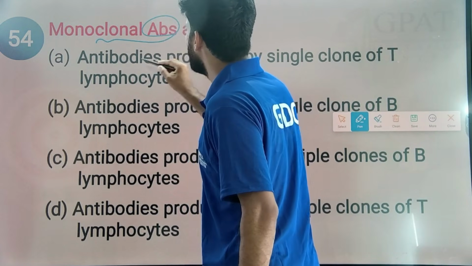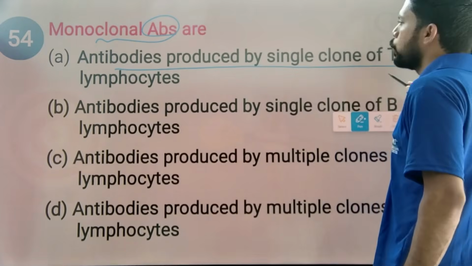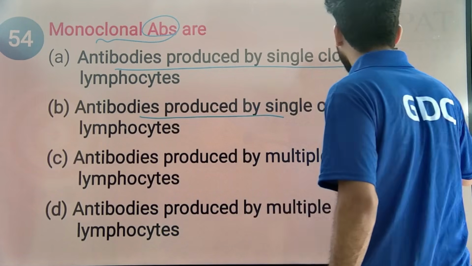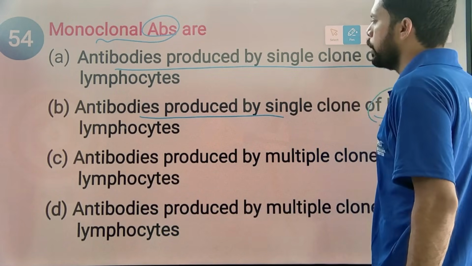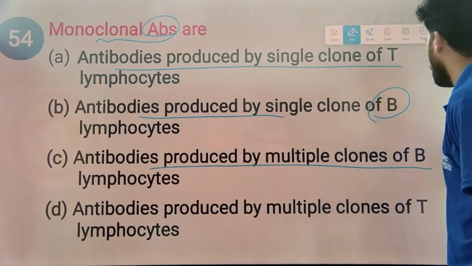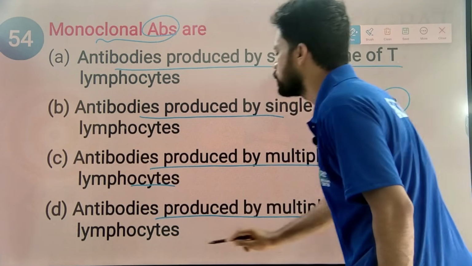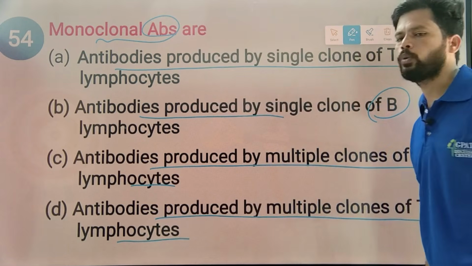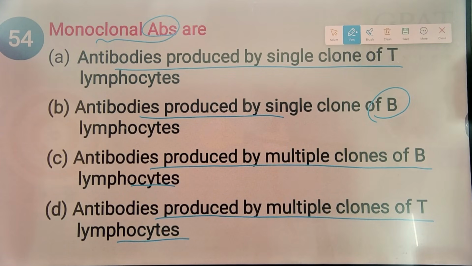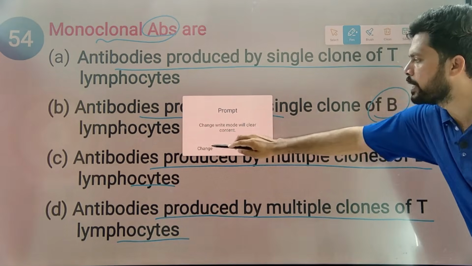Monoclonal antibodies are: antibodies produced by a single clone of T lymphocytes, antibodies produced by a single clone of B lymphocytes, antibodies produced by multiple clones of B lymphocytes, or antibodies produced by multiple clones of T lymphocytes. Monoclonal antibodies have n number of examples, like tocilizumab, infliximab.